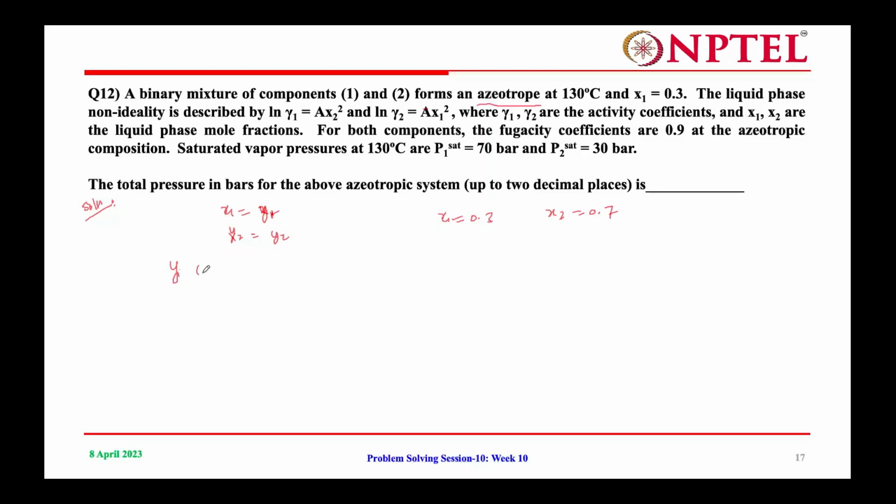Now y1 P equals x1 gamma 1 p1 sat, right? Here the fugacity coefficient is given.